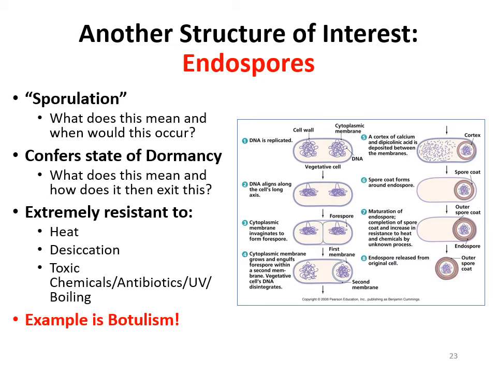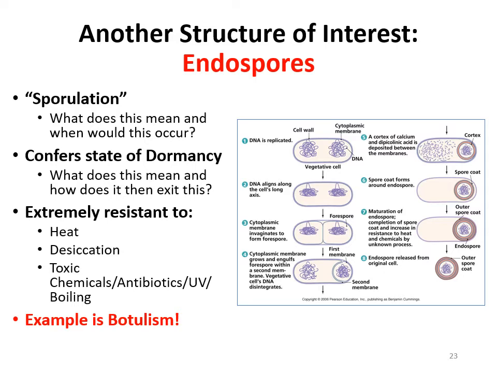Okay? This protects them from the outside environment, which at the moment is very unfavorable to them, either due to things like very high heat or toxic chemicals or UV, etc. So in this protective endospore, they are now highly resistant.